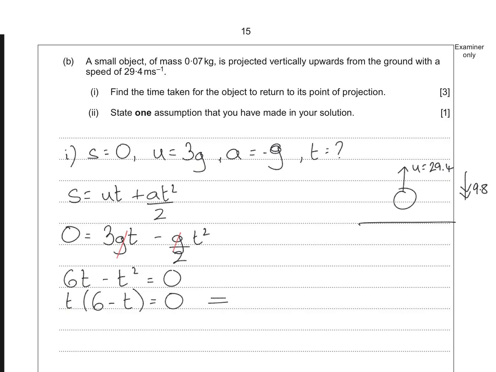So this tells us that either t is 0, which represents the instant the particle was thrown, so we don't need to consider it, or t equals 6 seconds. And then part 2, the go-to answer 99% of the time is the object was modelled as a particle.